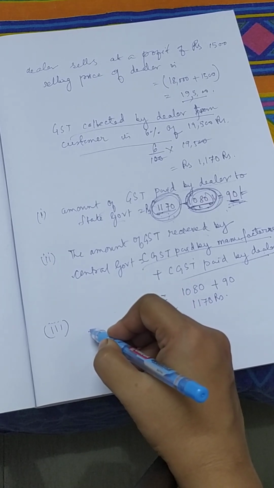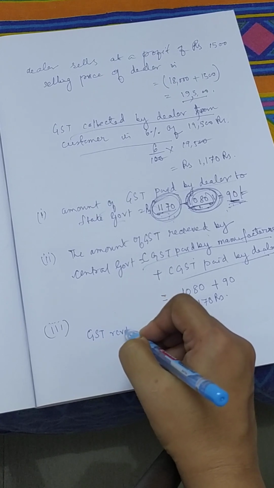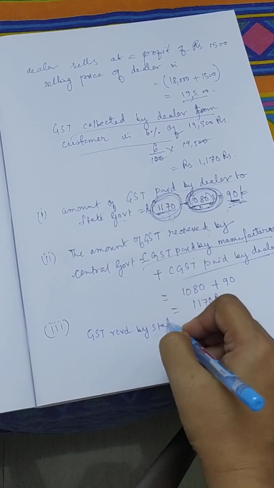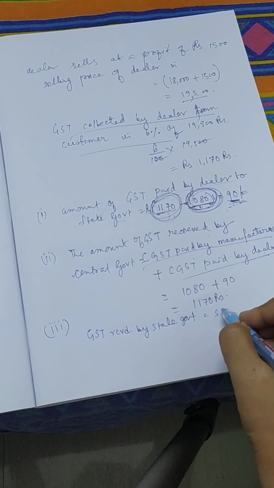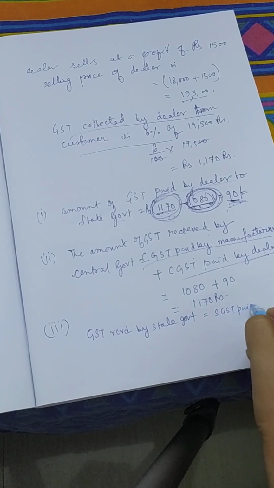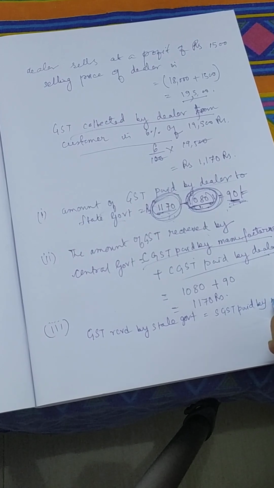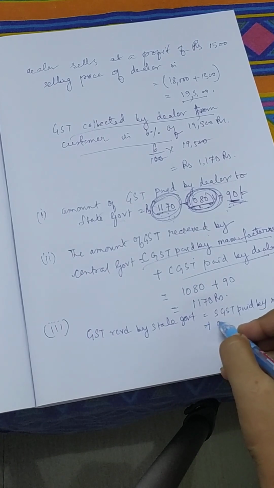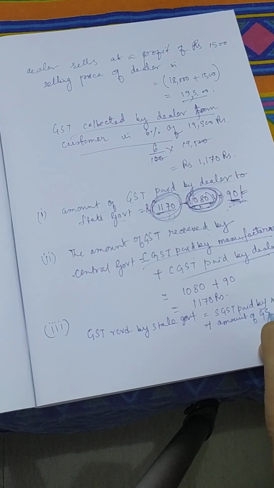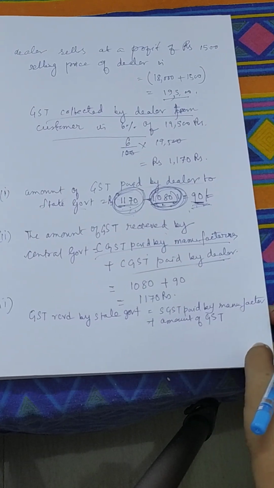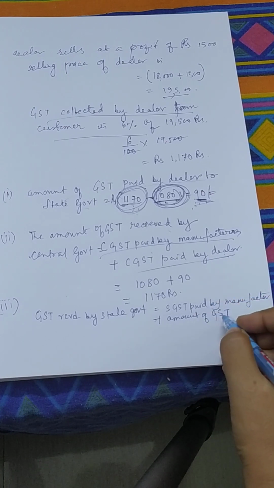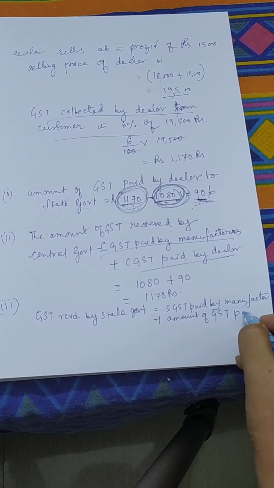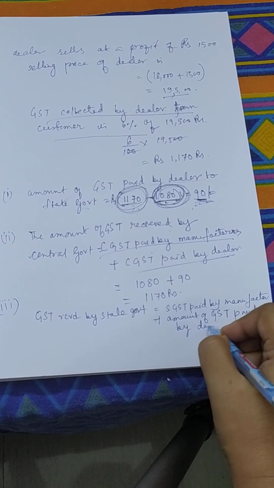So GST received by the state government is equal to GST paid by the manufacturer plus the amount of GST paid by the dealer.